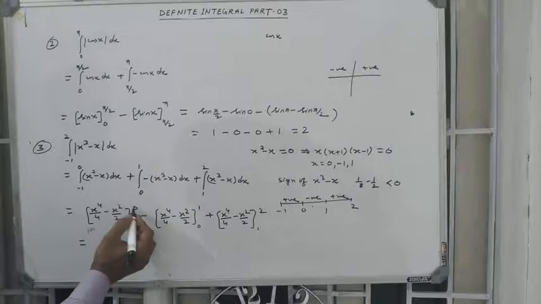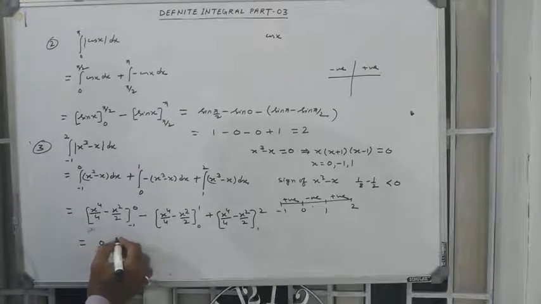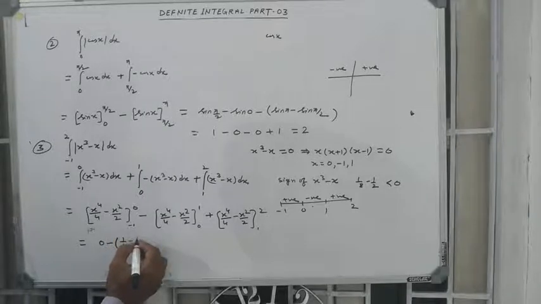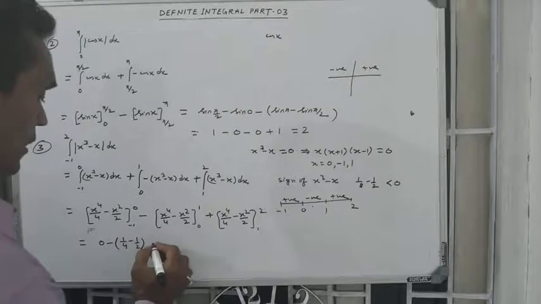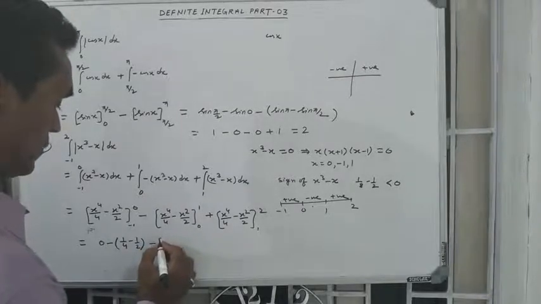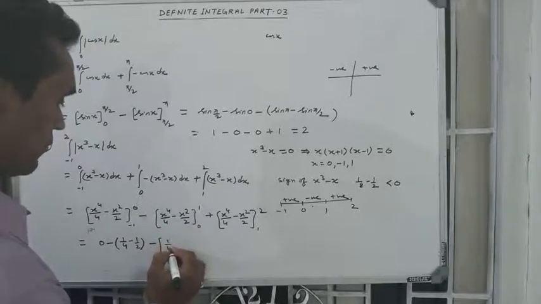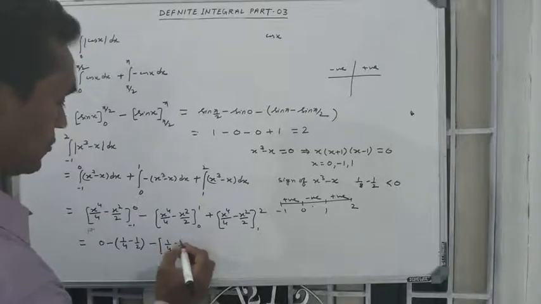When you put first x equals to 0, then all terms will become 0, then minus sign, you put x equals to -1, then 1 by 4 minus 1 by 2. Now here put x equals to 1, then 1 by 4 minus 1 by 2.